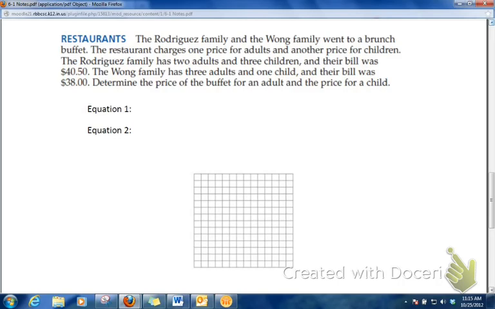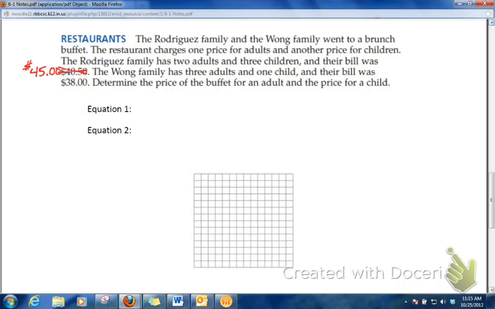The restaurant charges one price for adults and another price for children. The Rodriguez family has 2 adults and 3 children, and their bill was, and we're going to change that from $40.50 to just $45. $45 even. This will make our graph come out a little bit prettier.